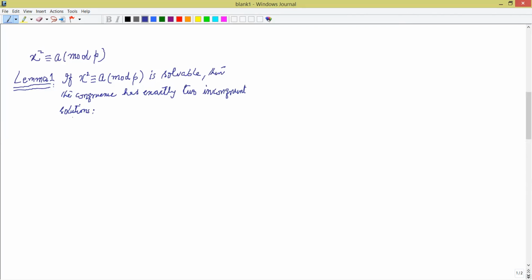Okay, so that's the statement of the result. If x square congruent to A modulo P is solvable, then the congruence has exactly two incongruent solutions. Okay. So, proof.